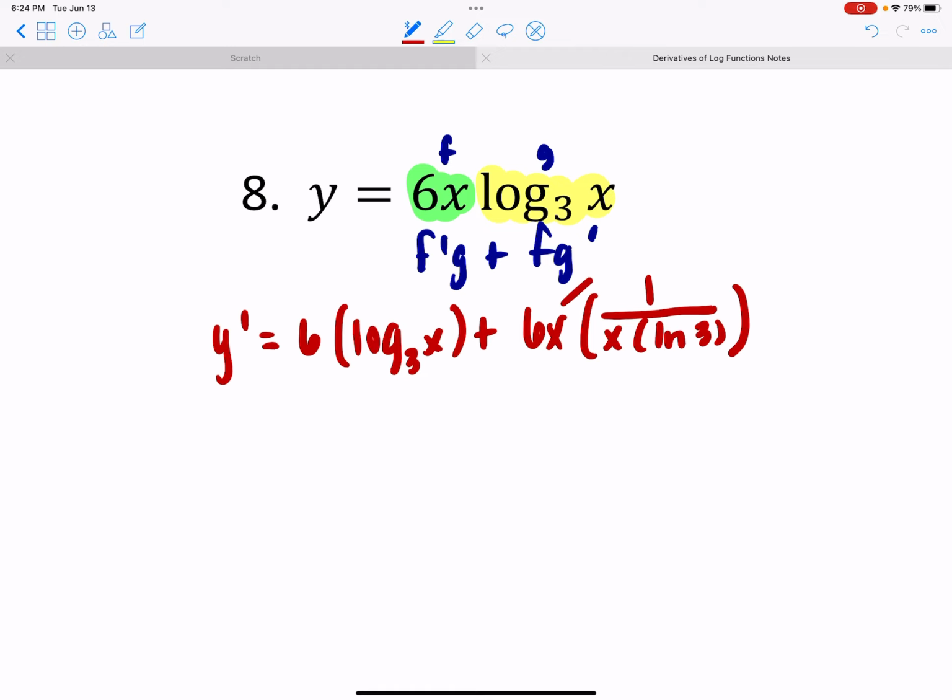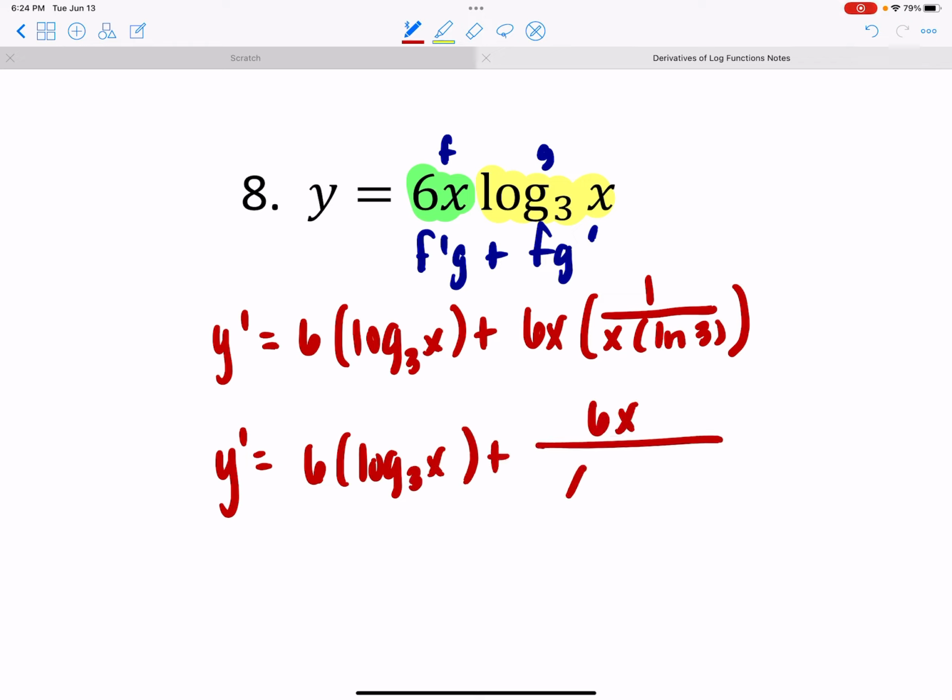Again, I would probably just go ahead and multiply that 6x, so bring that to the top of the fraction, and call this 6 times the log base 3 of x plus 6x over x times the natural log of 3. Now you could, if you wanted to, get common denominators and add the fraction, but I don't really think it makes anything look any better.